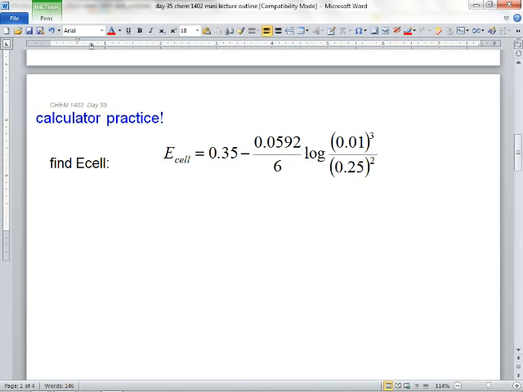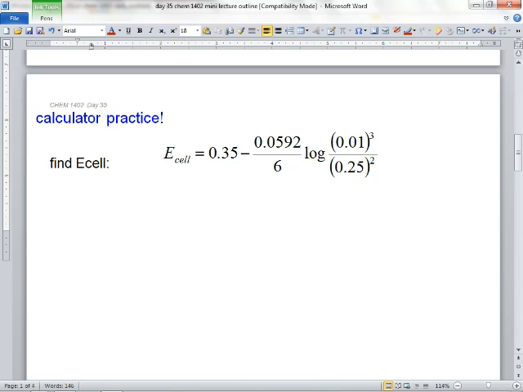You see the equation. You're going to see, it's not standard conditions, or what's the potential of this cell. You just use the Nernst equation, and you plug everything in. The problem, I think, is using your stinking calculator. Let's try it. If you're going to get E cell, what should you do first?